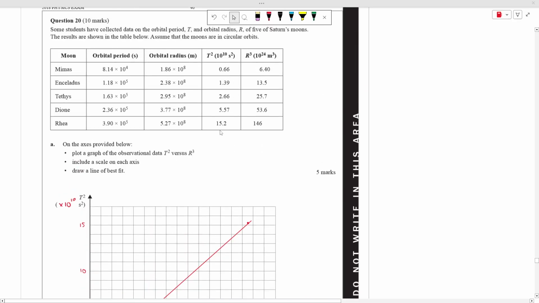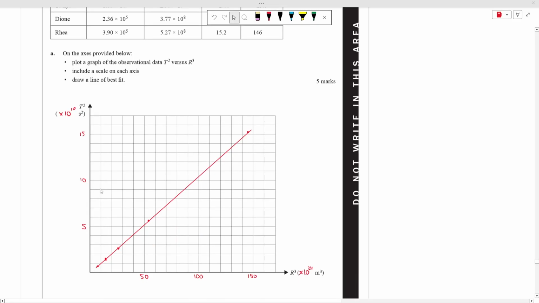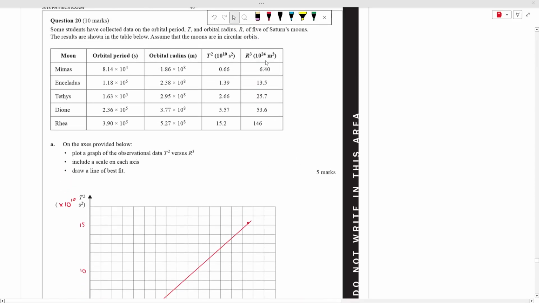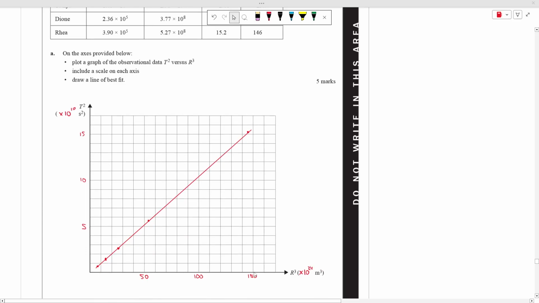The next whole number would be 16, so I've counted, and that goes up to 17, so that's 16, that I'll call 15. And then each 5 is just 5 units. This one, your data goes from like 0 to 150. So again, you count it across, 150 lands here, and then you just break everything up nicely.